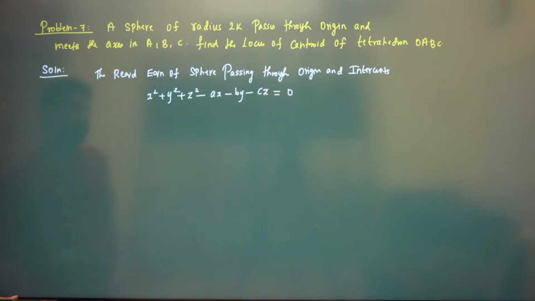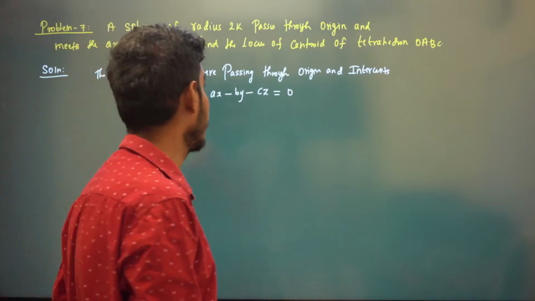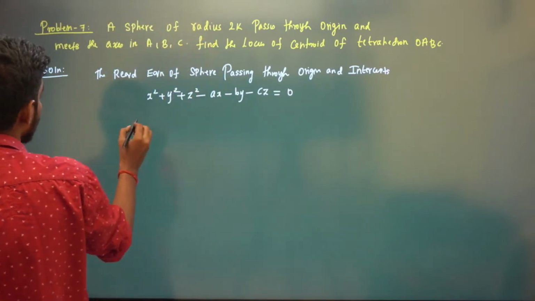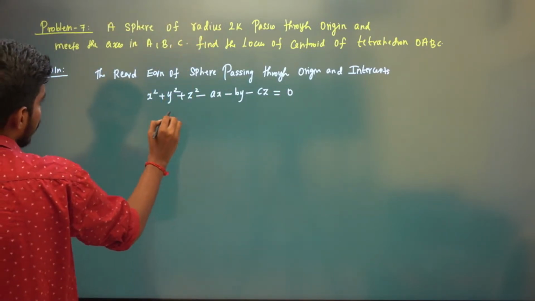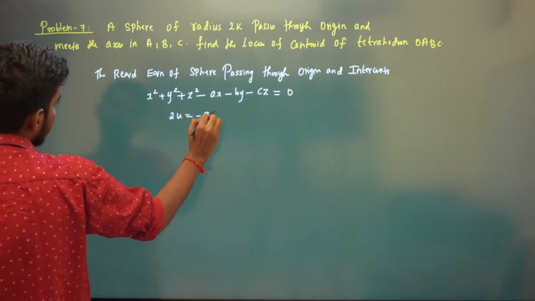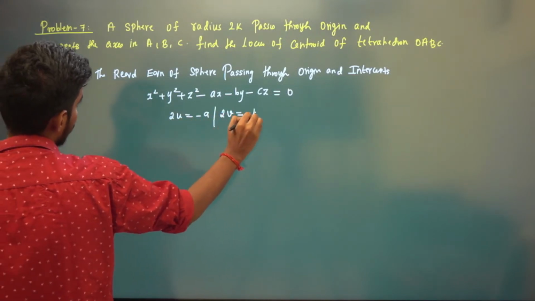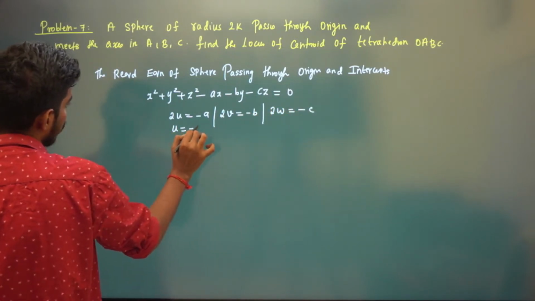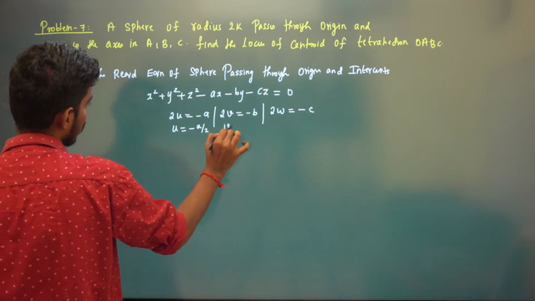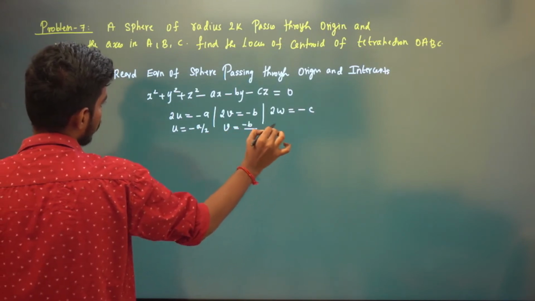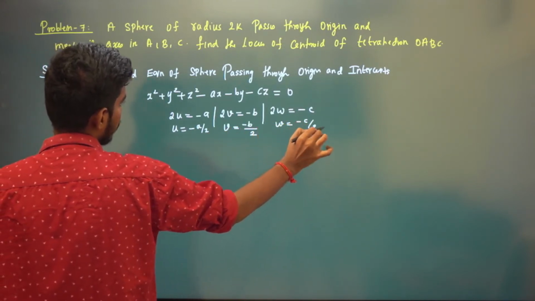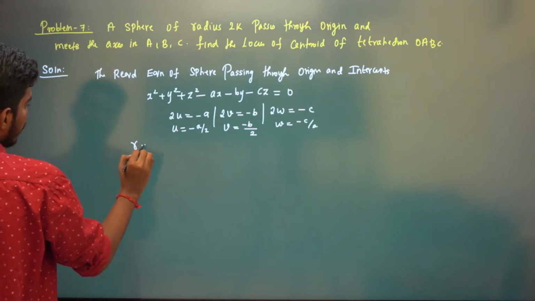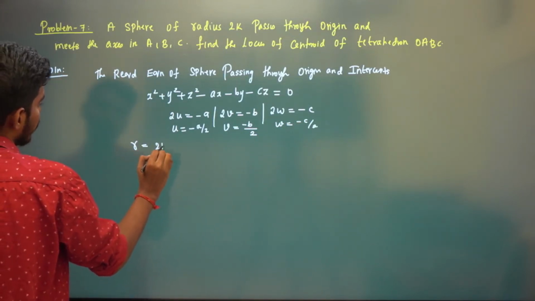This is the equation of the sphere passing through origin and intercepts. Now it is given that radius is 2k. So we have 2u equal to minus a, 2v equal to minus b, 2w equal to minus c. So u is minus a by 2, v is minus b by 2, w is minus c by 2. It is given that radius is 2k, right?